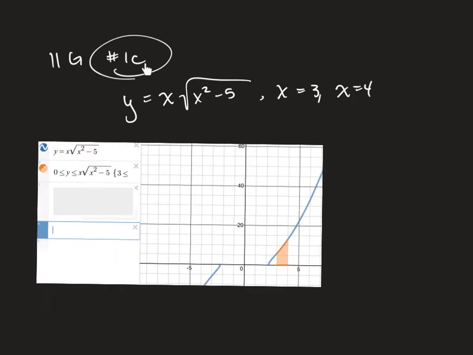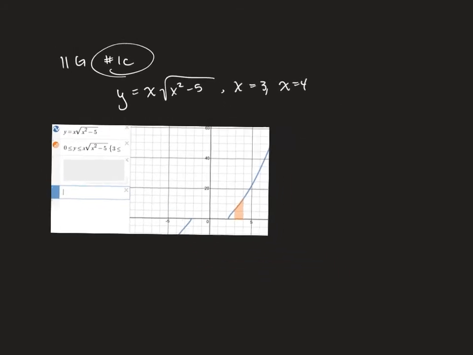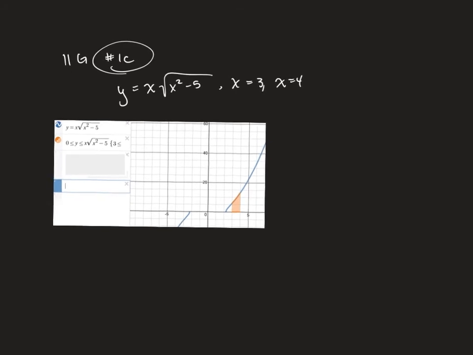Okay, and for C, we've got this function, and we want from 3 to 4, so it's going to be that little orange region there, and isn't that a fun discontinuous function? Exciting. For this one, we're actually going to need u substitution, but it's okay. Let's go through it. We're going to have the integral of x, and I'm actually just going to start out by saying x squared minus 5 to the 1/2 dx from 3 to 4.